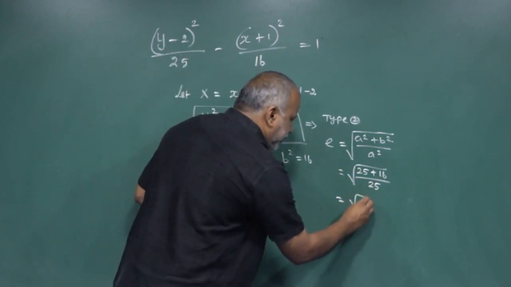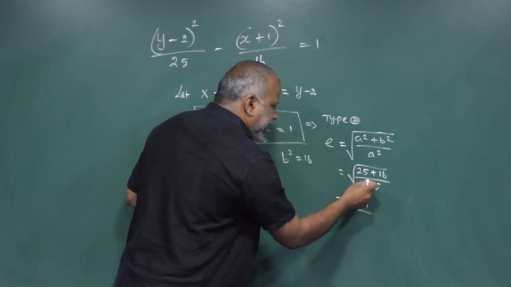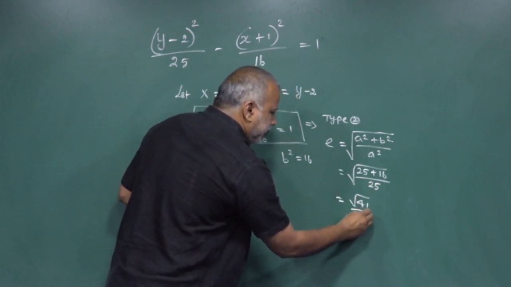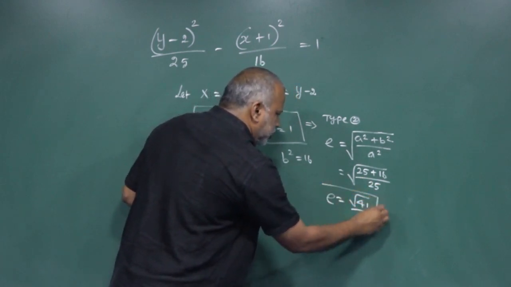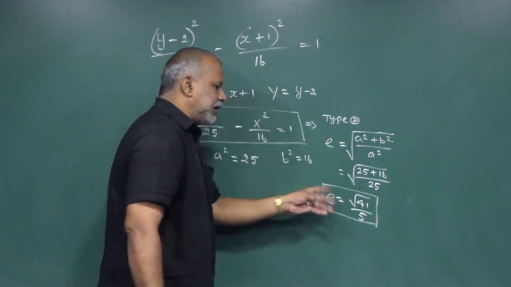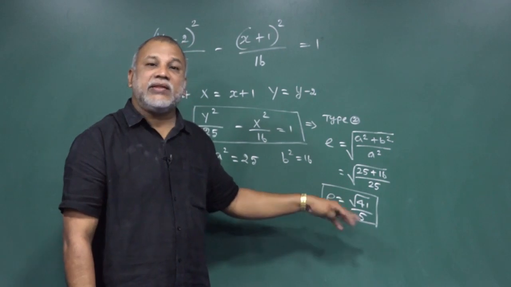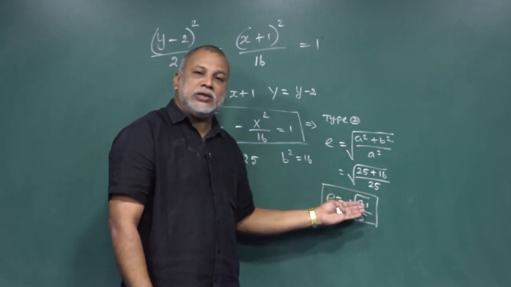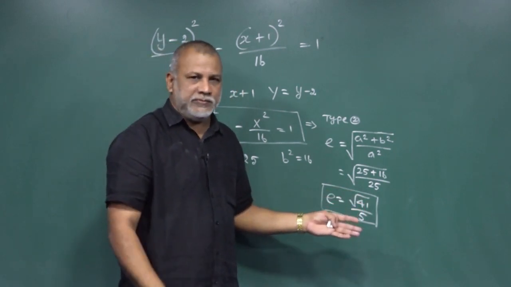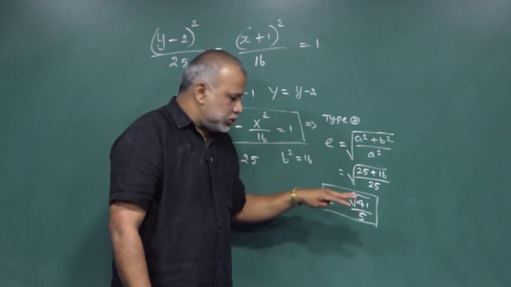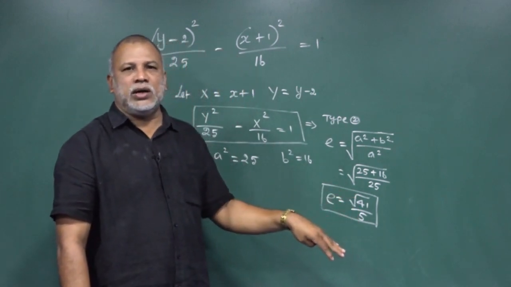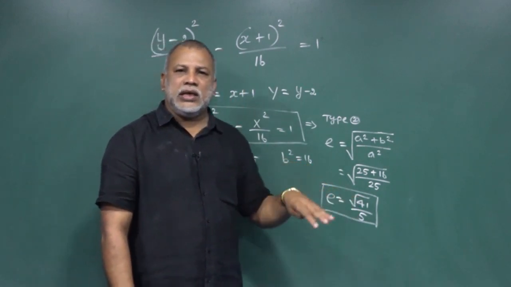Keep root 41 as it is. The remaining root 25 becomes 5. Therefore the e value is root 41 divided by 5. This value e is greater than 1, because the square root of 41 is approximately 6 point something, divided by 5. So for a hyperbola, e is greater than 1.